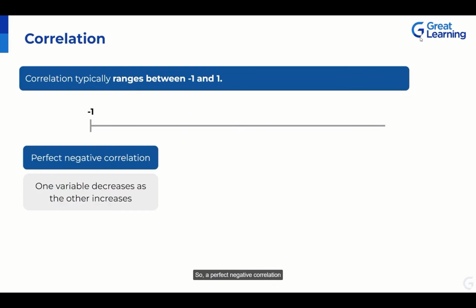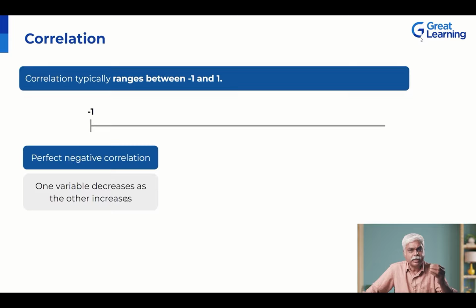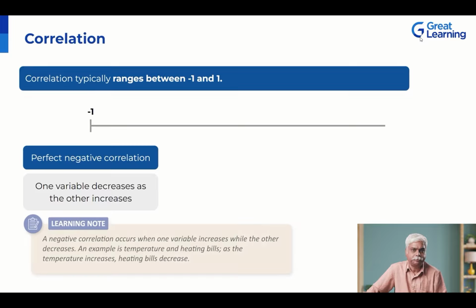So a perfect negative correlation, which is -1, the most negative it can be, remember it can't cross -1: one variable decreases as the other increases. And at this point, -1, this is actually a mathematical relationship. If one increases, the other will decrease.